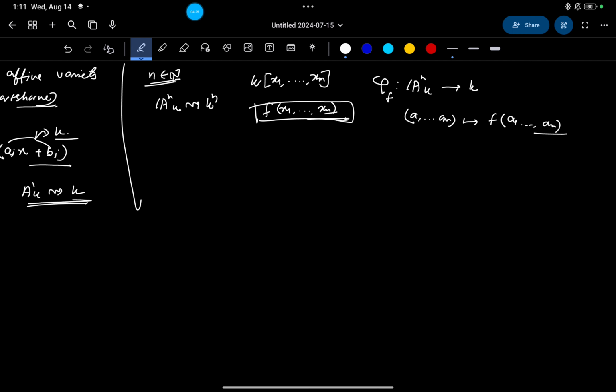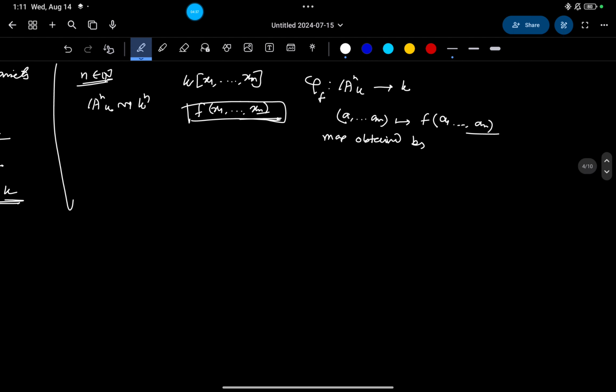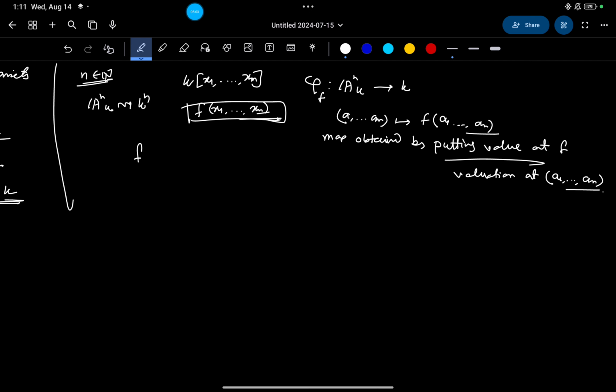So that means it is basically the map obtained by putting values at f, or you can say it is a valuation at (a1, ..., an). Okay, so every small f can be assigned to such a particular phi_f.